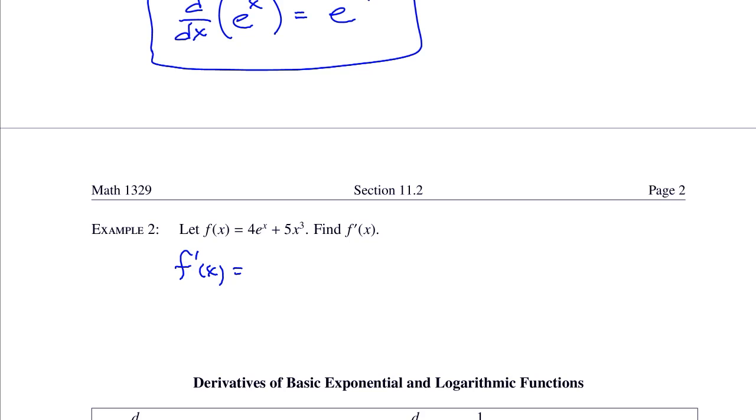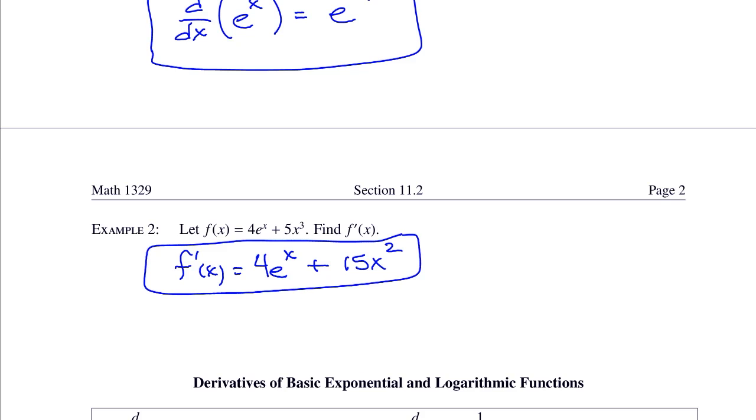So the 4 stays around, and then you take the derivative of e to the x. What's the derivative of e to the x? E to the x. So this is 4 e to the x plus, now the second part is 5x cubed. That's the normal power rule. We bring the 3 down, and we get 15x squared. So that is the derivative.